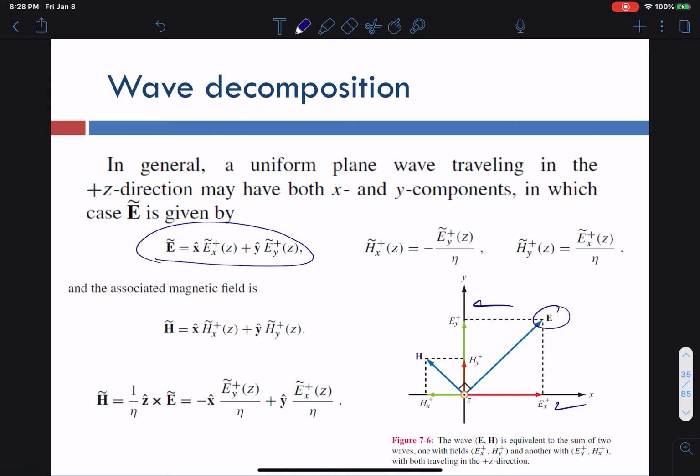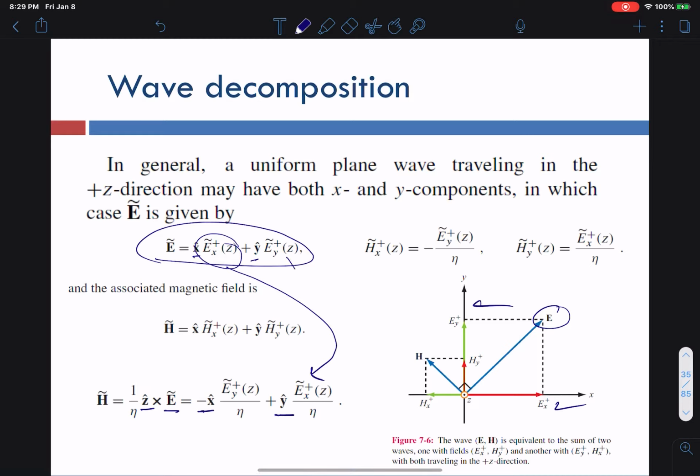So we know from the previous slide that H would be, sorry, not H, Z cross E. So Z cross E, the first component is X. Z cross X will give you positive Y. So that's why you can see that this X component came here. Then Z cross the next, which is Y. Z cross Y will give a negative X right here.